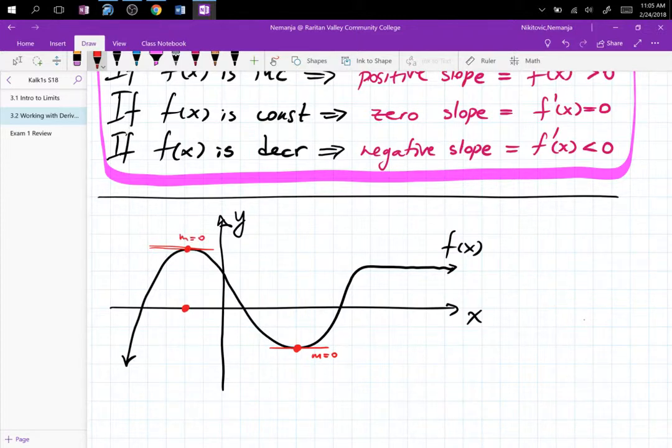Anywhere before the max, to the left of the max, all of the slopes, as you can see, are negative, right? You draw the little line segments, they're all negative. So I start working on this function by first hunting down all of the 0 slopes. 0 slope occurs at every max, every min, and all constant parts.